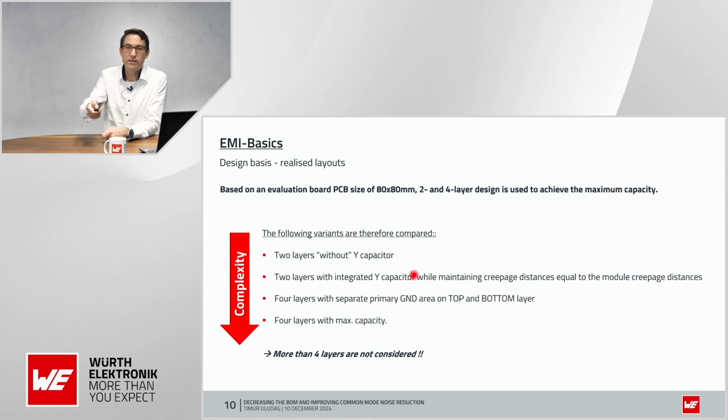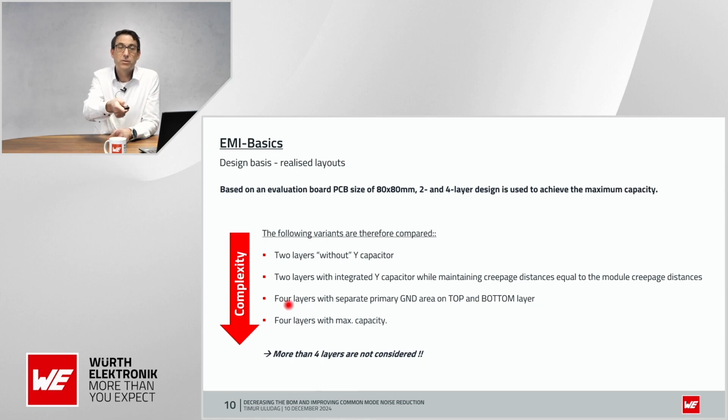Second, 2 layers where we have the most capacitance we can create by remaining within the creepage distances from the power module. The third layout would be a 4-layer design where we have a separated ground and top and bottom layer.